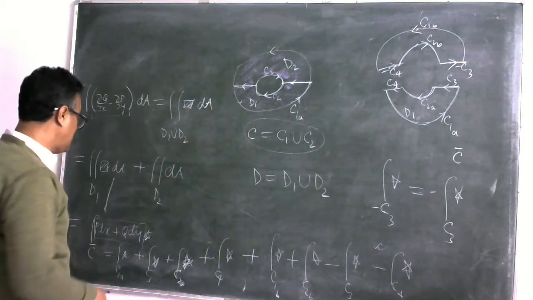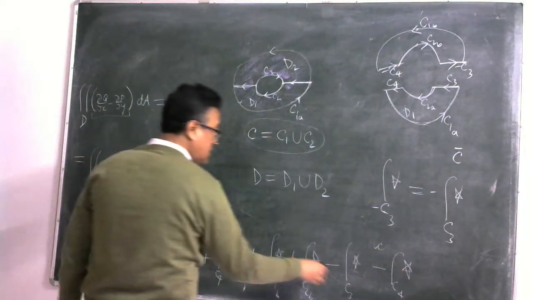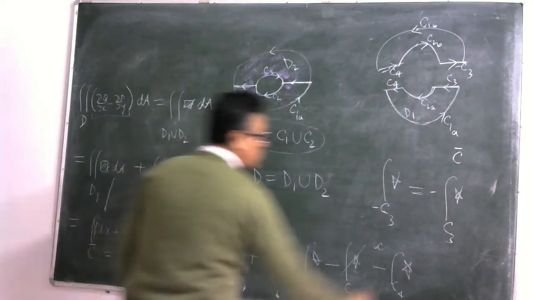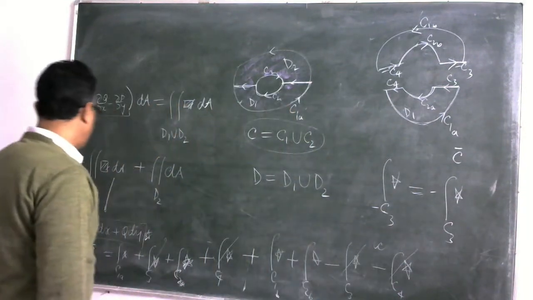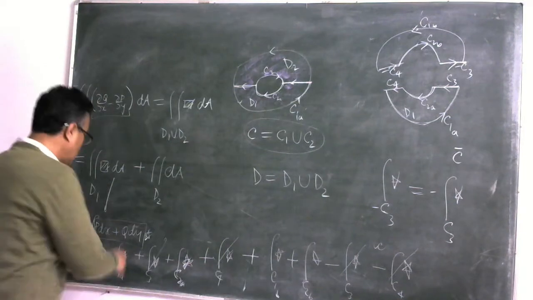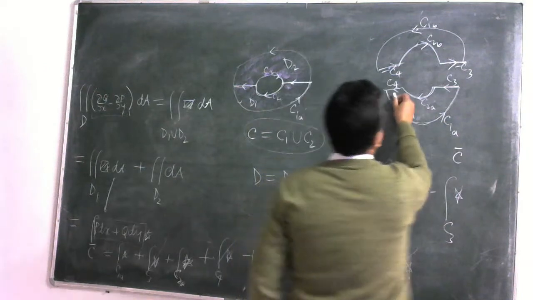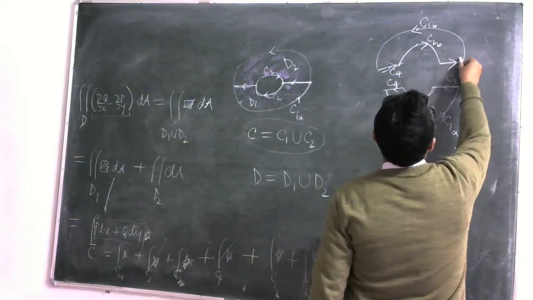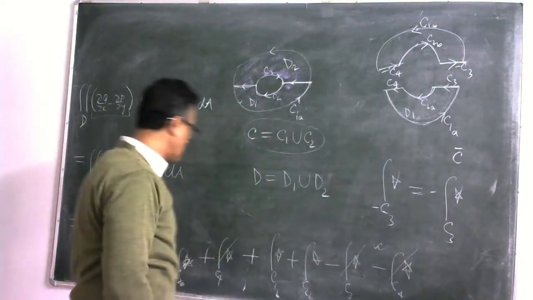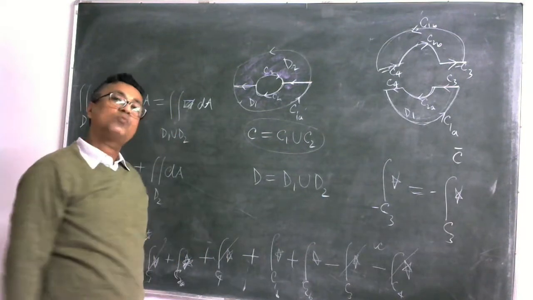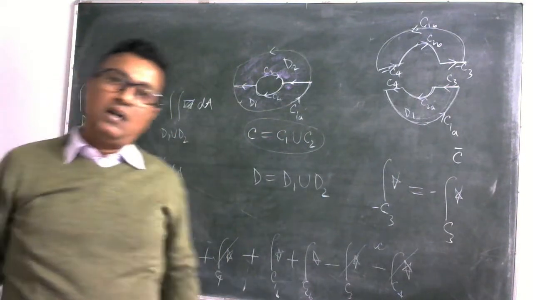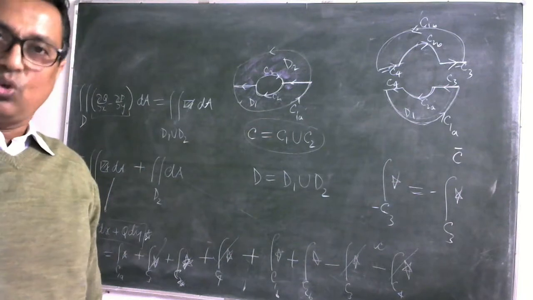So now you can see that C3 is gone, C4 is gone. And again, if I consider C1A and C1B, it is going to give me the whole curve C1. So similarly, C2A and C2B, they are going to give me the whole curve C2, right?